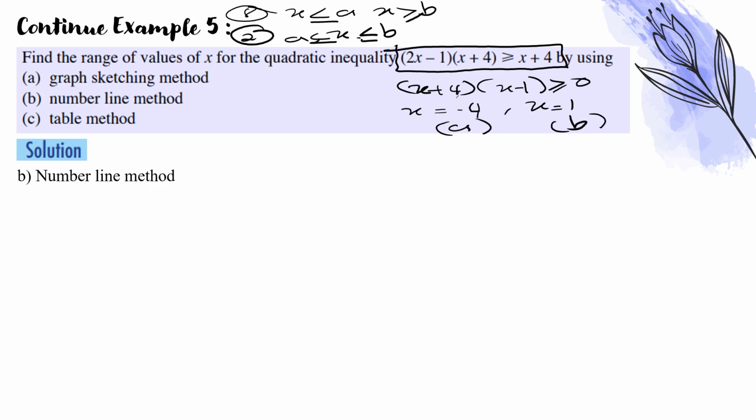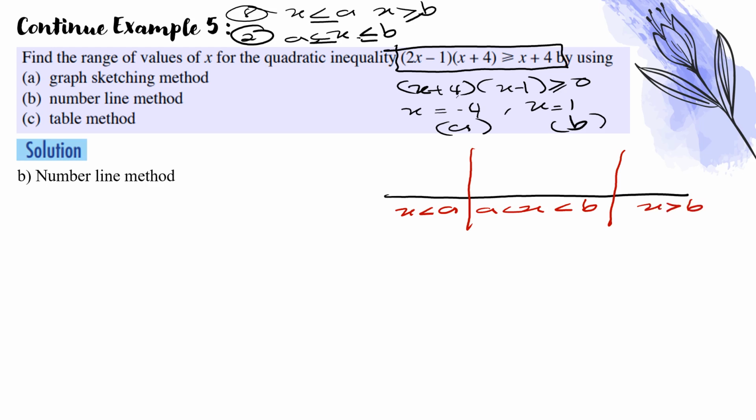For the number line, first you draw a number line and then you divide it into 3 parts. The first part is x is less than a, this one is x is in between a and b, and lastly, the part x is more than b.